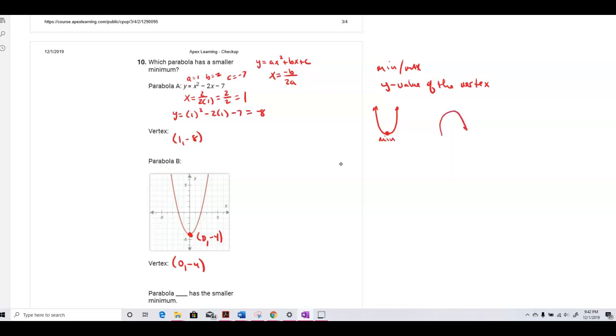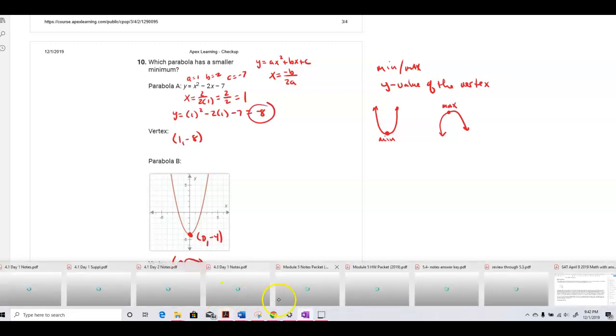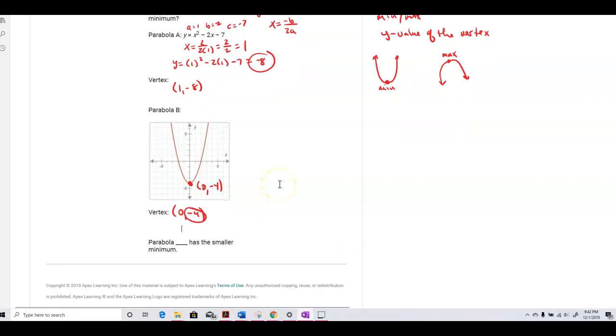And if my parabola opens down, my vertex is a max. So when they're asking which one has a smaller minimum, well, this minimum value is -8. This min value is -4. Which value is smaller? -8. So parabola A has the smaller minimum.